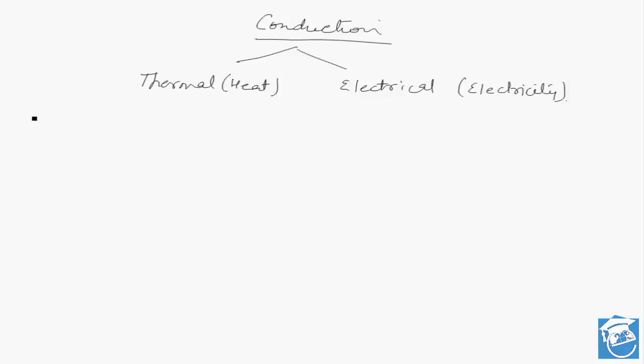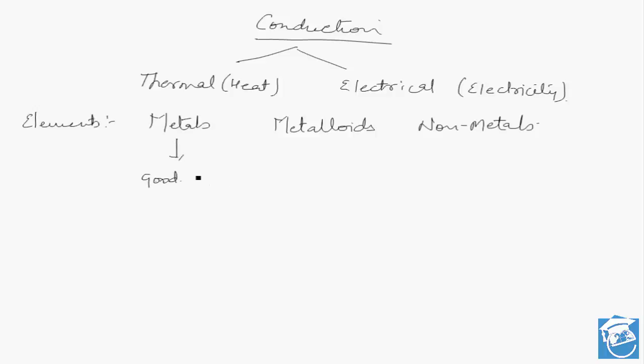If we talk about the elements, we have metals, metalloids, and non-metals. Metals are good conductors of thermal and electrical conductivity. Metalloids are semiconductors, and non-metals are bad conductors, whether thermal or electrical.